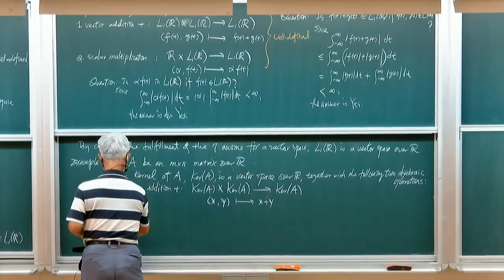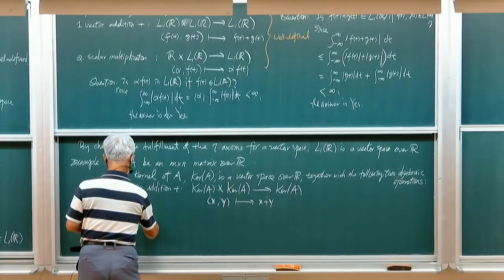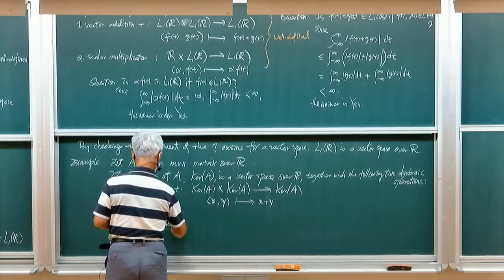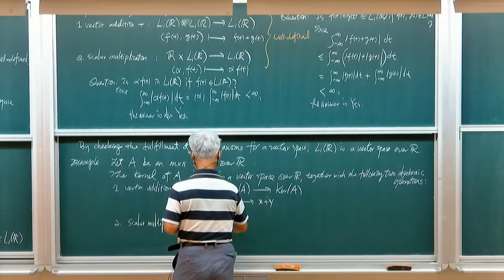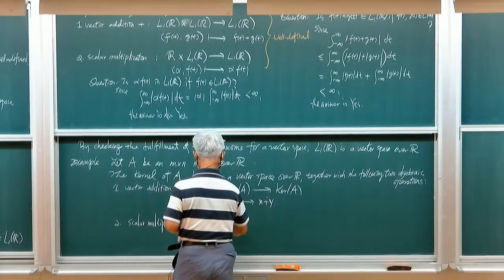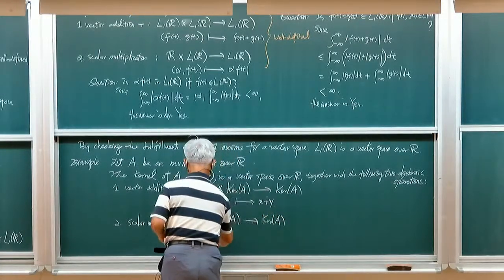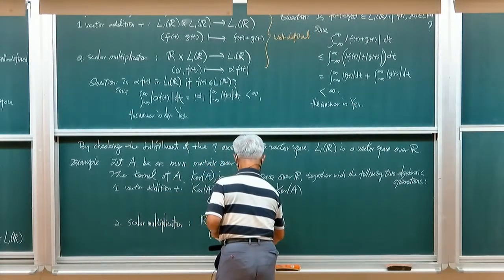And the second is the scalar multiplication. It's R, Cartesian product with kernel A, mapped to kernel A. So (alpha, x) goes to alpha x.